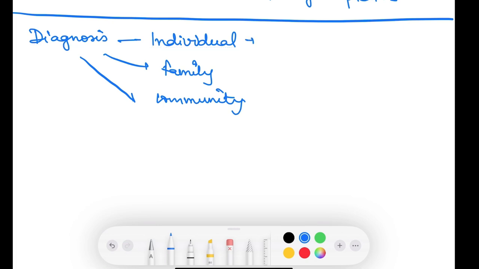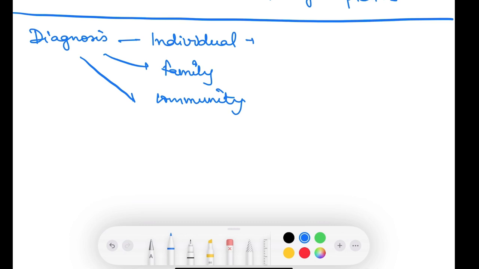So just like any person or individual having malnutrition, we will make diagnosis. Due to individual, what are the changes due to which the malnutrition is occurring? For example, insufficient intake, dietary patterns or dietary habits.